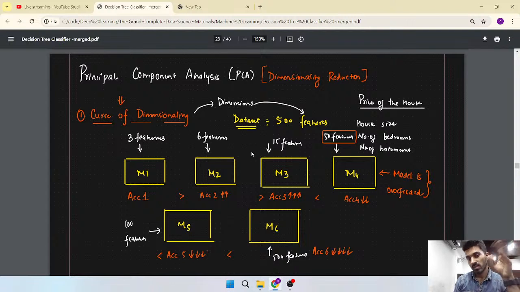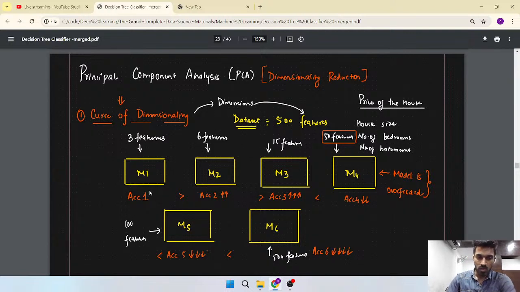Correlation means if f1 is increasing, then f10 is also increasing, and the correlation between f1 and f10 is suppose more than 90%. Then what is the use of that? If the correlation is already very high, then this is not recommended. So that's where PCA comes into the picture.